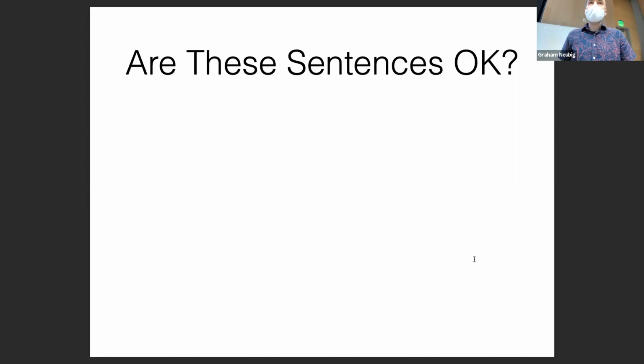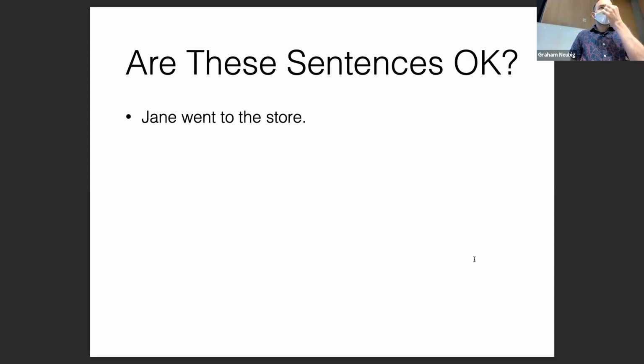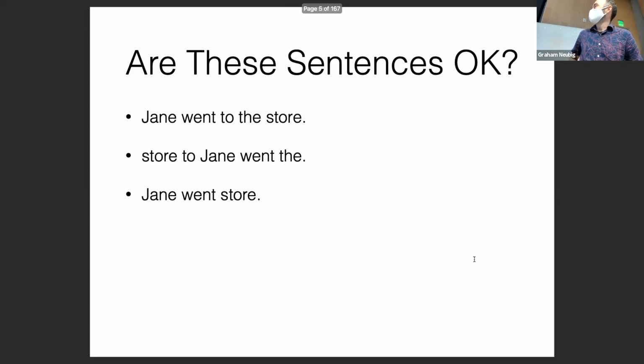And so to do an example of this, we can take a look at these sentences and see if they're okay. So what about this sentence? Does this look reasonable in English? I see people nodding, yes. What about this one? No, okay, yeah. That's the easy one. This one?